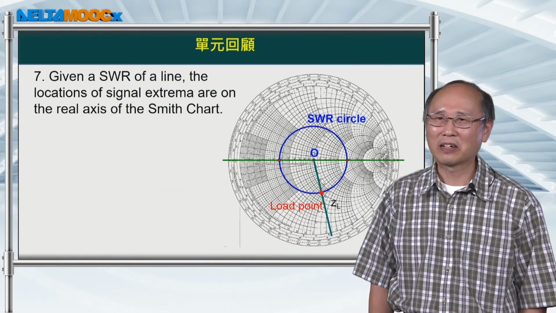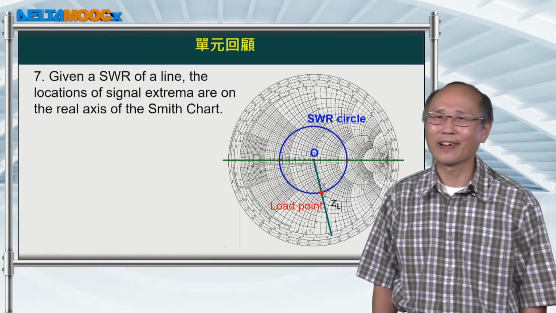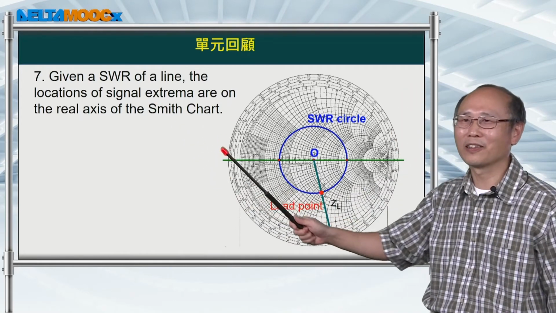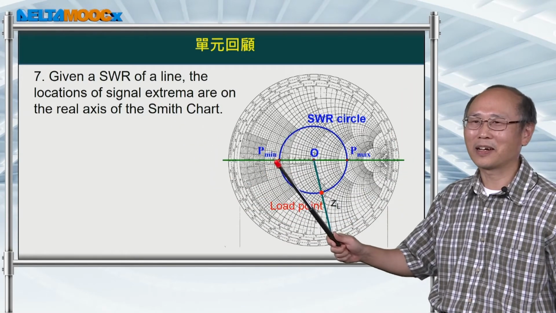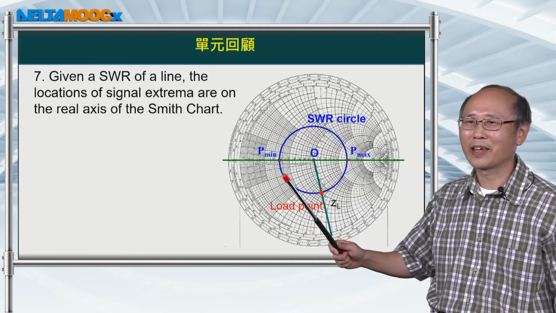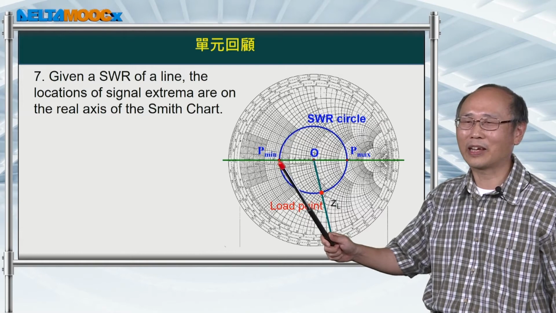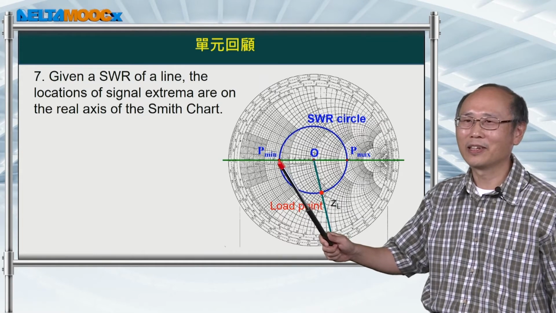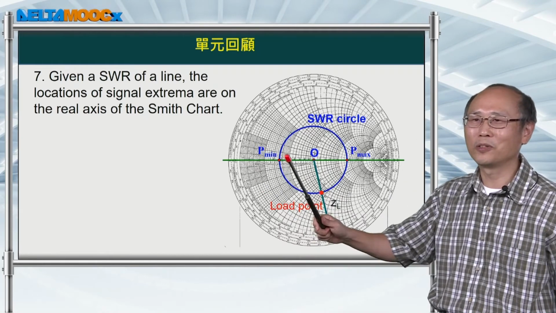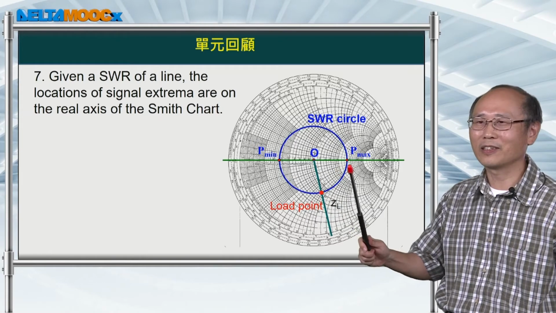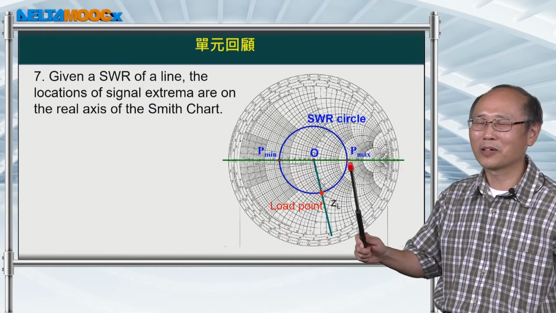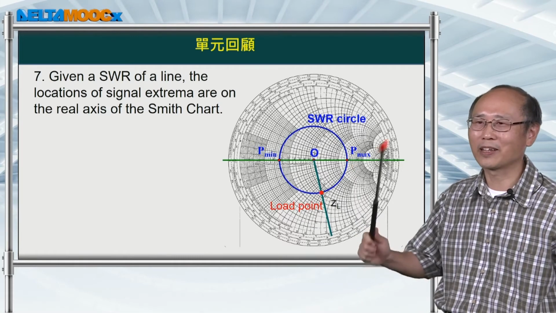Given a standing wave ratio on the line, the locations of the maximum and minimum signal are on the real axis. When you move on the standing wave ratio circle and hit the negative part of the real axis, this will be the location of the minimum voltage. If you continue to move on this circle and hit the positive part of the real axis, then you will be measuring a maximum voltage at this point.